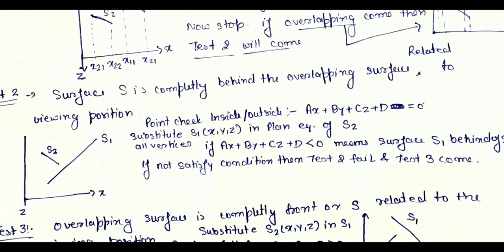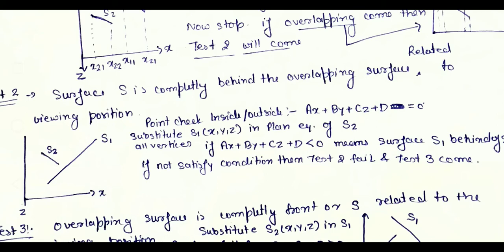The same concept we check here, whether the surface is completely behind or not. We substitute all the vertices xyz of S1 into the plane equation Ax plus By plus Cz plus D of S2. If it is less than 0, that means S1 is totally behind S2. Otherwise the test fails and test 3 comes.